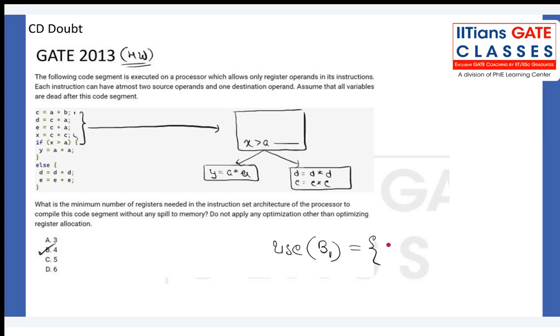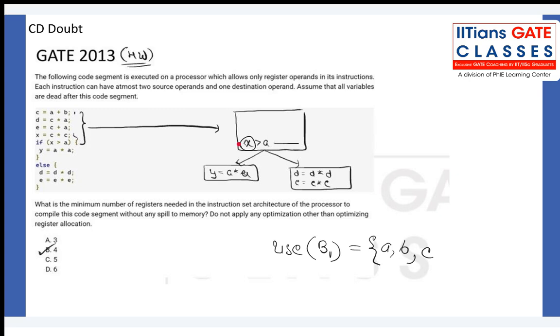Why not X? Aren't you reading X? Aren't you using X here in B1? Then should X be a part of the use as well? You're using X for B1. You're trying to branch from B1 to either B2 or B3 by whatever the value of X is. So you're using X, right?